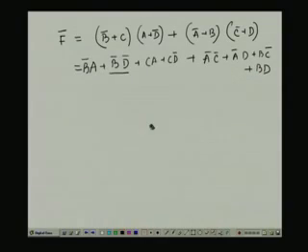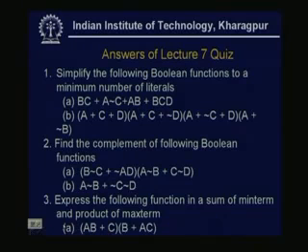If I apply some of the minimization rules, then it can be further simplified.